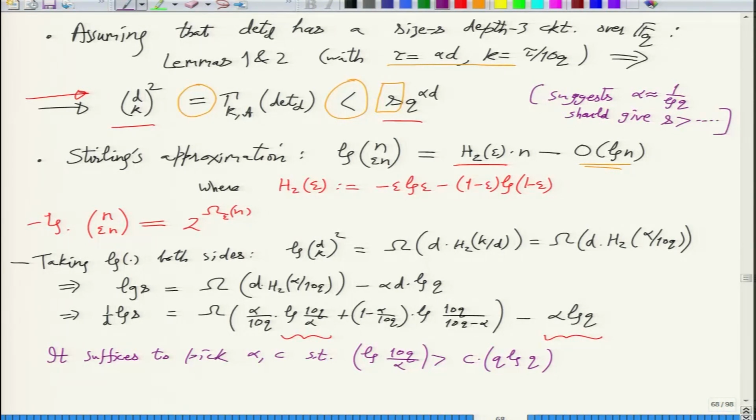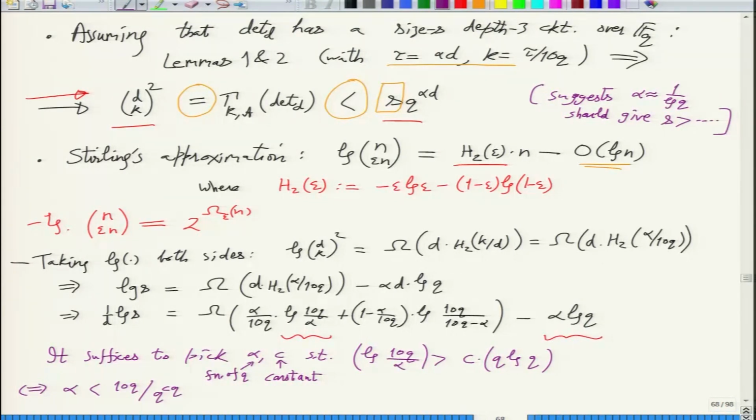Is that clear? So you just pick constants, well, constant c at least, and alpha is something that is really dependent on q once we have fixed the constant c. So c is actually an absolute constant, and alpha is a function of q. So you will see how the dependence on q is, right? So this inequality holds if and only if alpha is less than 10q divided by q to the c q.